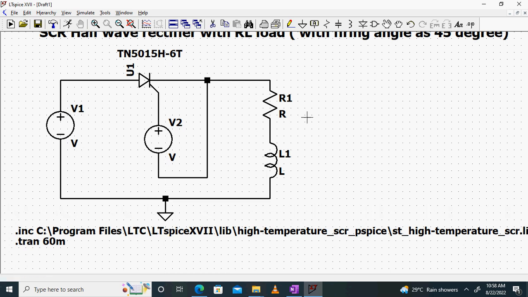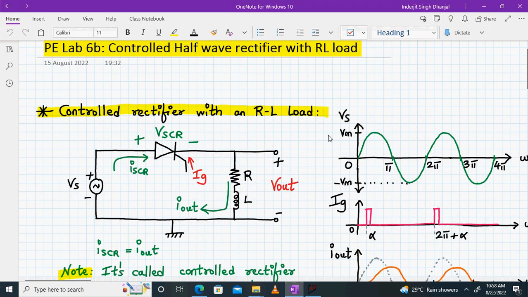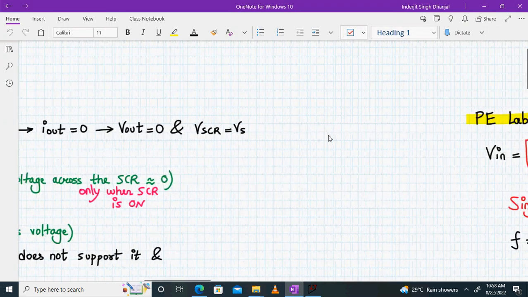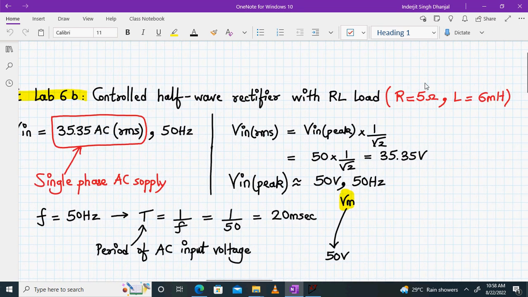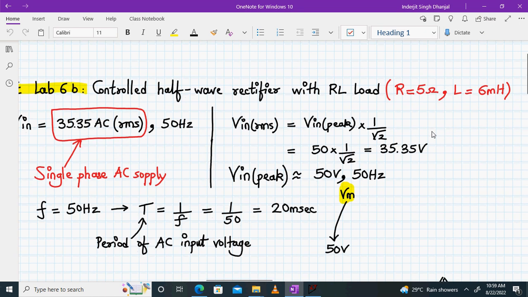Now we have to plug in the values of the voltages and the resistor and inductor. So as per our requirement, we will require a resistance of 5 ohms and inductance of 6 millihenry, whereas V in peak value will be 50 volt for 50 hertz, right? So AC supply will be 50 hertz.